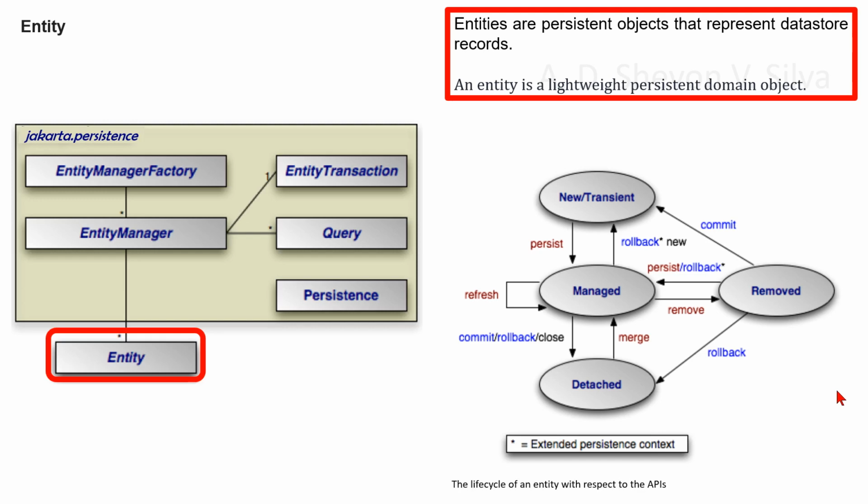Here the cascade annotation element may be used to propagate the effect of an operation to associated entities. The cascade functionality is most typically used in parent-child relationships.